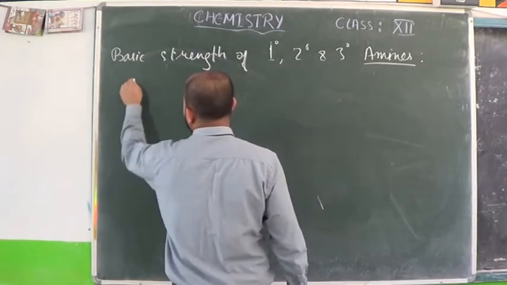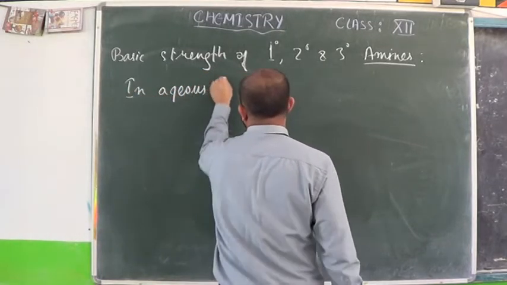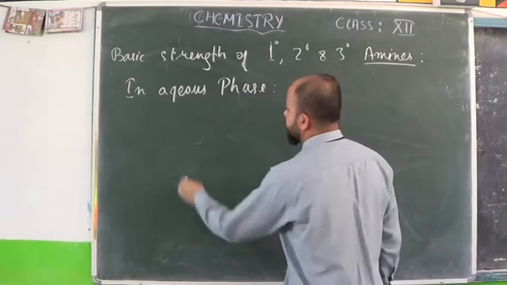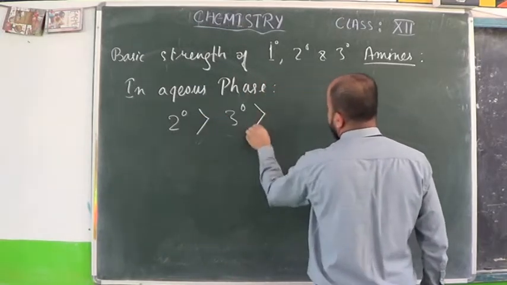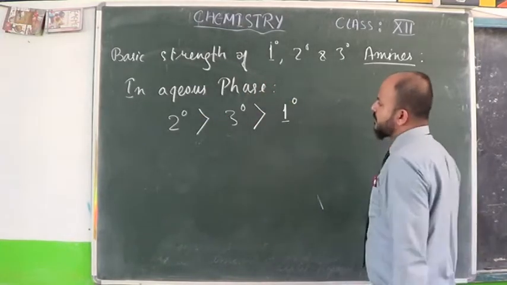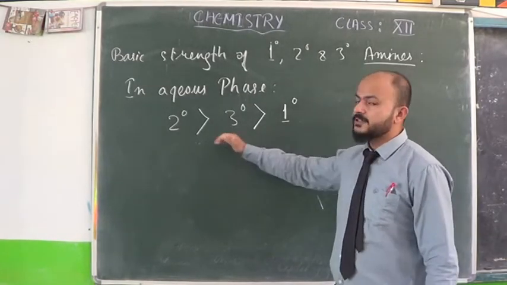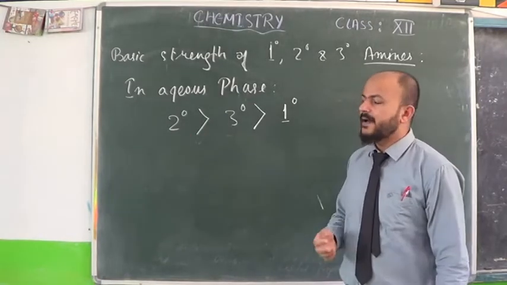Now in aqueous phase, the order that is observed is second degree, then comes third degree, and finally the least basic strength is primary. Now this particular trend in basic strength can be explained by two factors.